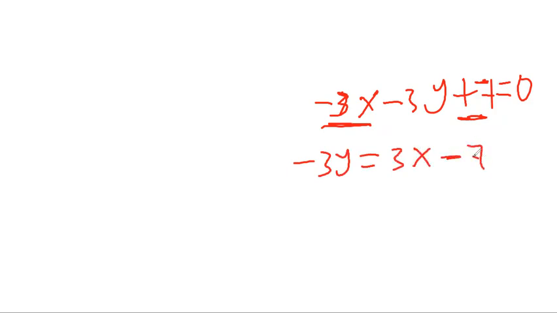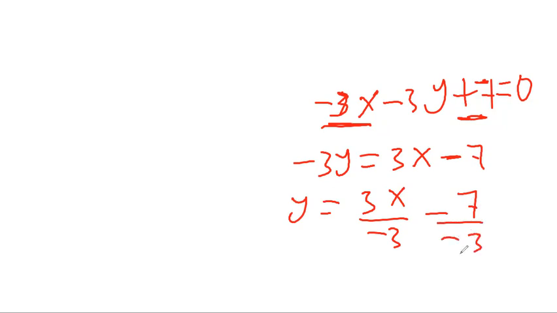Any questions? The last step is to divide by negative 3. So y equals 3x divided by negative 3 minus 7 divided by negative 3. So the last step, it will be y equals negative x plus 7 over 3.